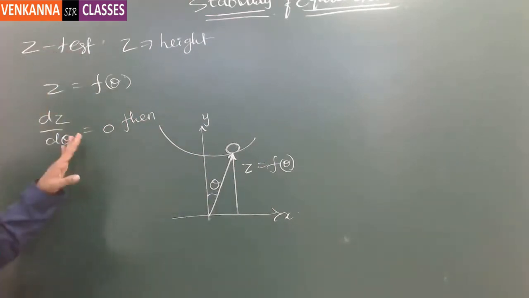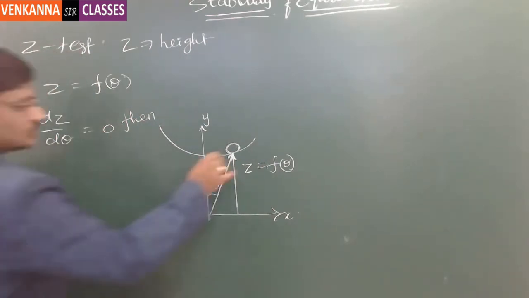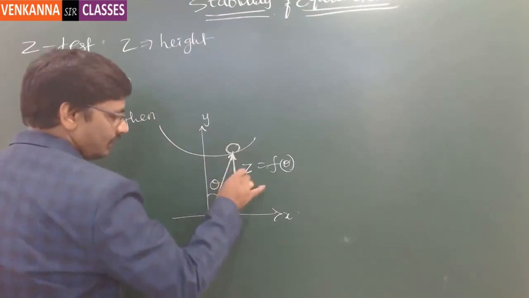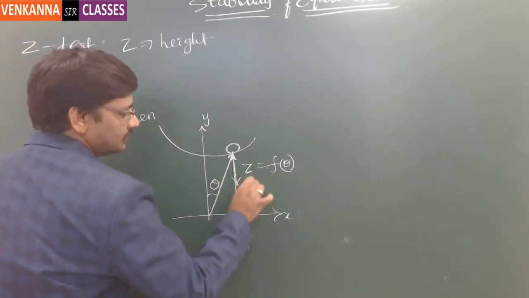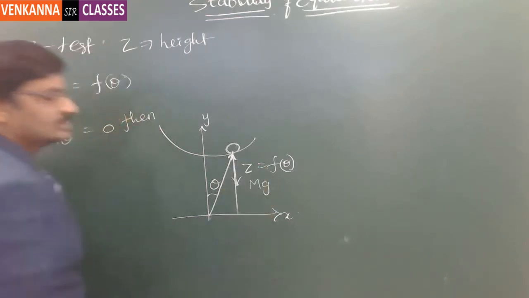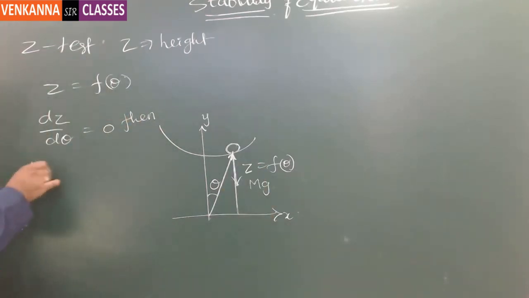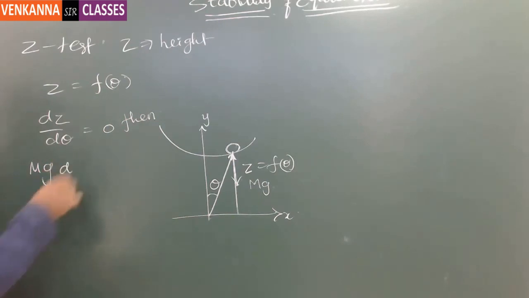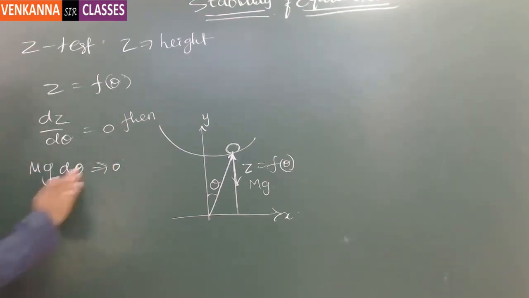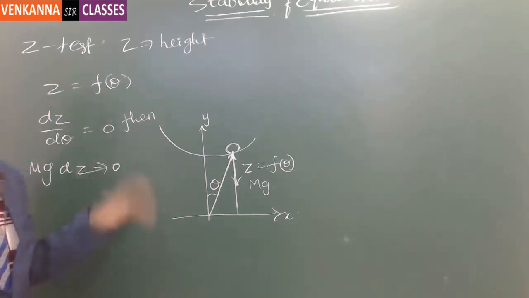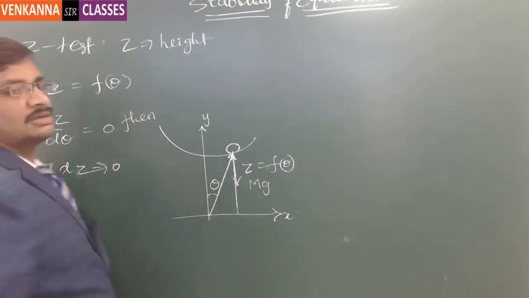Now how can we conclude this? The body has a weight of W, let us say. I call this mg, simply mg, the weight. Now mg into dz is equal to 0. Why? Because initially the body is in a stable condition.